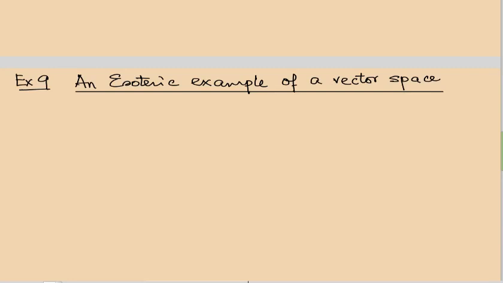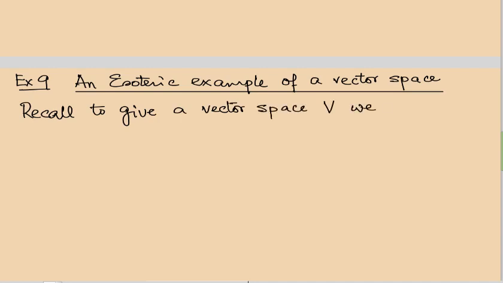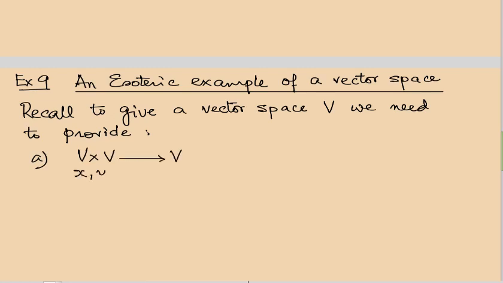To give a vector space, we need to provide a binary operation on V called its addition.